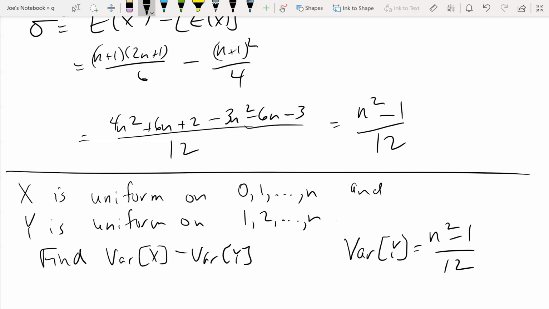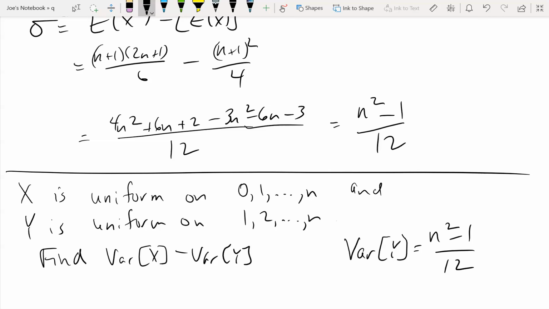Now, we could do the exact same thing that we just did, deriving the formula for expected value and variance on the set for x. It looks like a different set of numbers. Why not rederive it? It's not hard. We could do it. It didn't take us that long to do it in the first place, right? It's more work than you have to do, though.